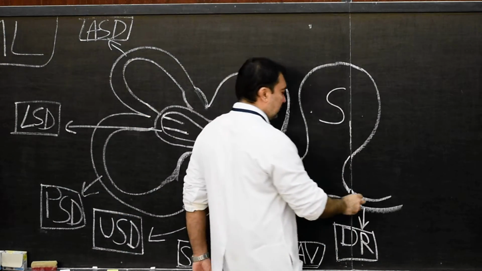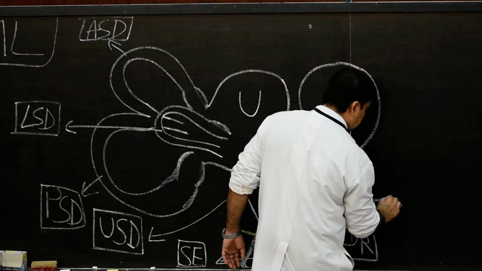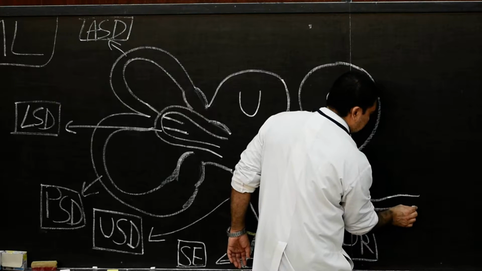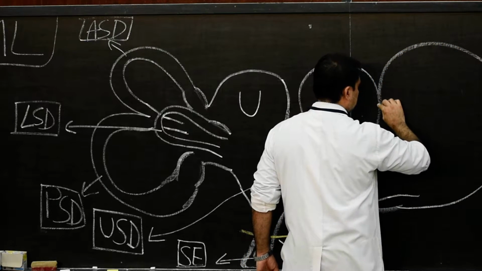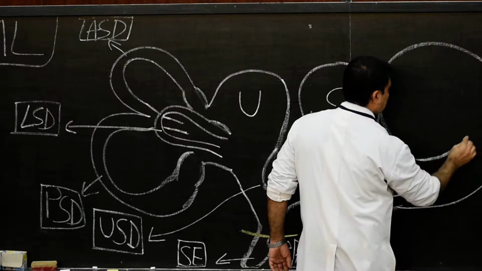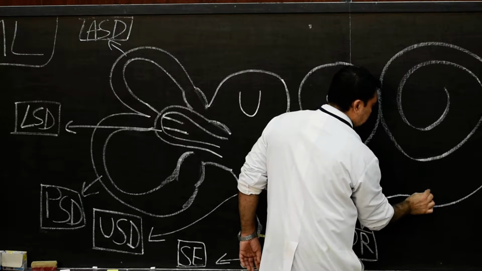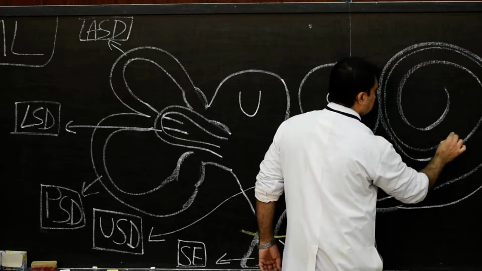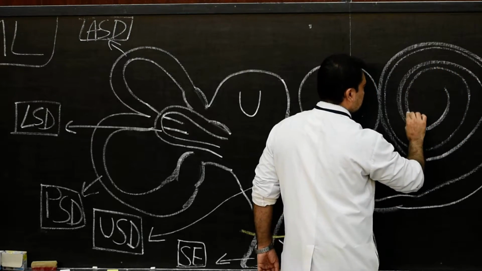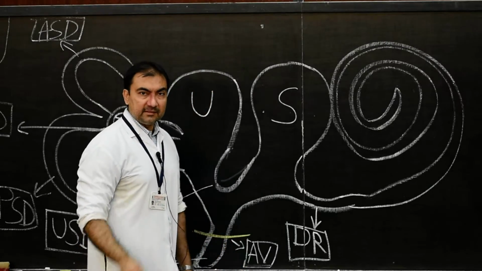So therefore, now we shall draw the cochlea in such a way that it will continue with, in this manner. We are drawing this duct of cochlea, and here we will continue the spiral formation of this duct of cochlea. Exact diagram.